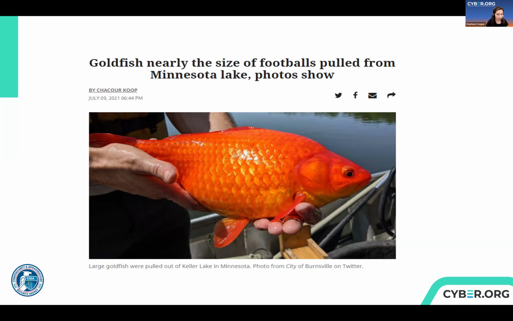And this was from a few years ago, but I pulled this into presentations that I do because I'm not sure if I mentioned earlier that I have a son, and he was I guess around 11 at this time when my husband saw this picture come across on social media, and he was like, "Oh my goodness, Charlene, you've got to see this picture. This is why I tell you, you can't flush goldfish down the toilet," or it was something like that. And he was like, look there, it's the size of a football.